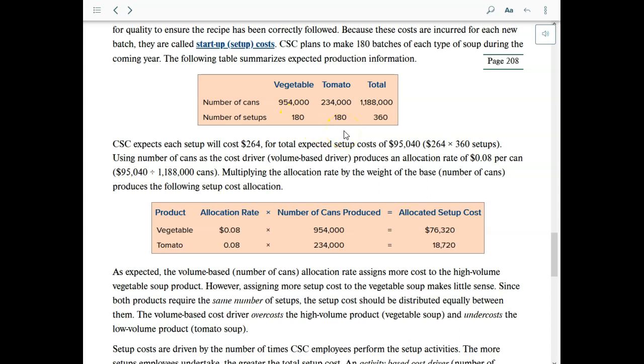Would it be more fair to allocate setup cost based on number of setups? And if we do, with 180 each, you see that we really should allocate the same amount of cost to each soup line here. No matter how many cans we produce, we have the same number of setups, the same number of batches being run.